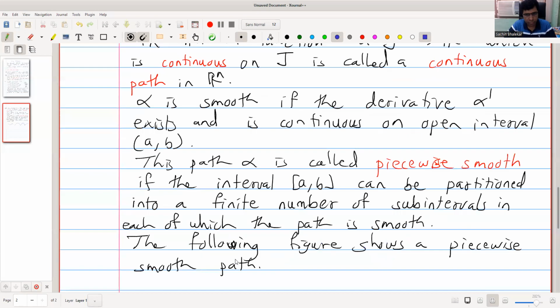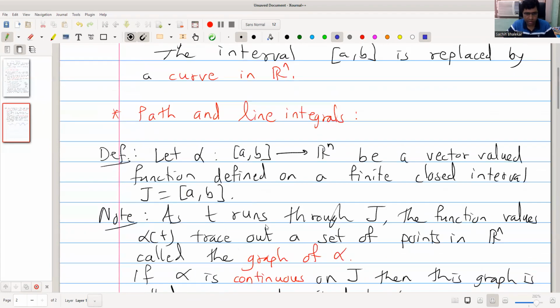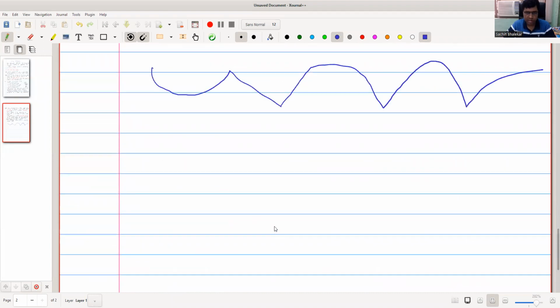All these basics were required for the definition of line integral. Let us define the line integral.